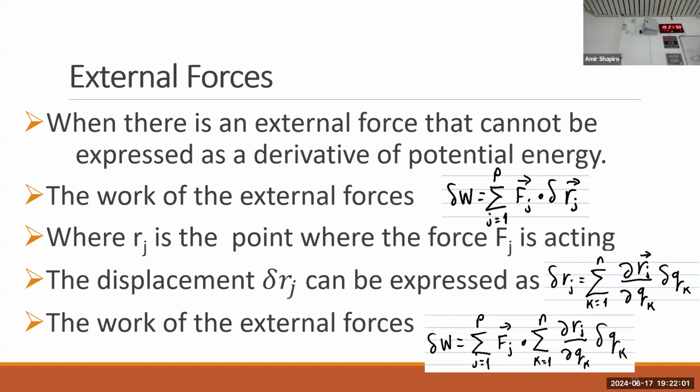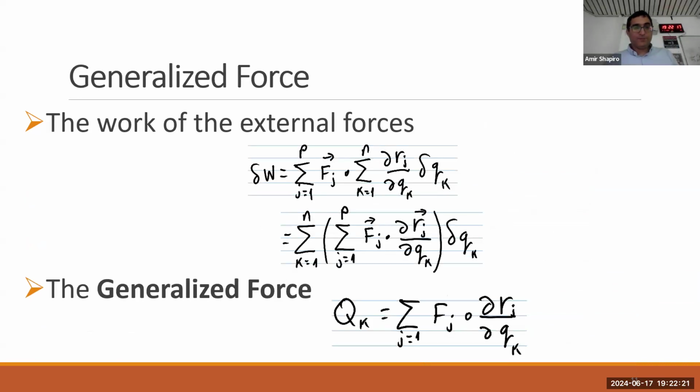So the work of the external forces is the sum of all the forces Fj dot the delta Rj, which is the sum of dr to dqk times delta qk. Now that we have the work of the external force, here we can change the order of the sum.